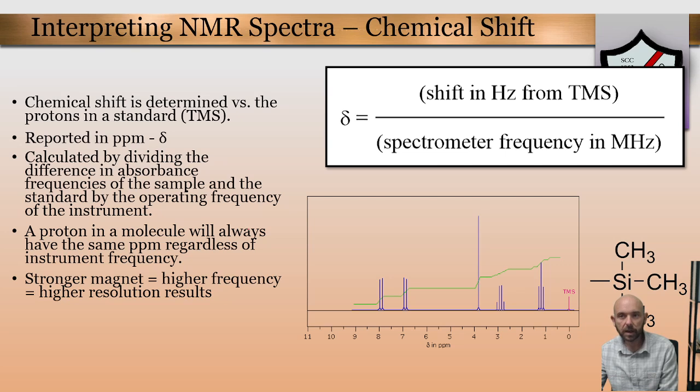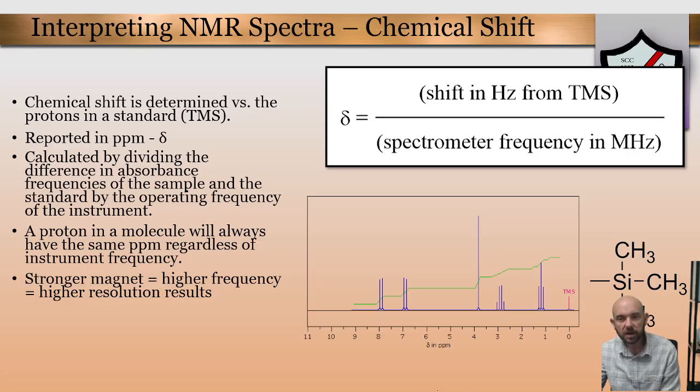Here you see how the chemical shift is calculated and why we use chemical shift as the reporting unit for NMR spectra. So as you can see, the shift is reported in this lowercase delta unit that we call chemical shift, and the lowercase delta stands for parts per million.